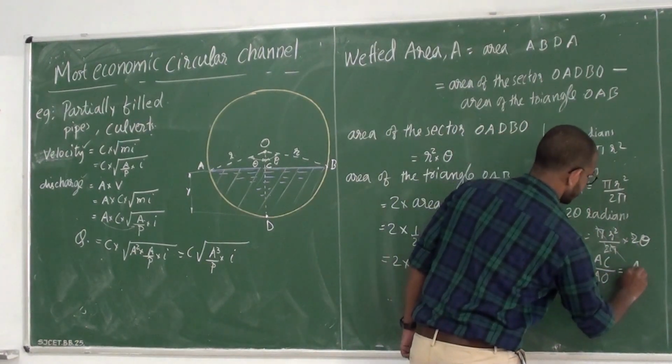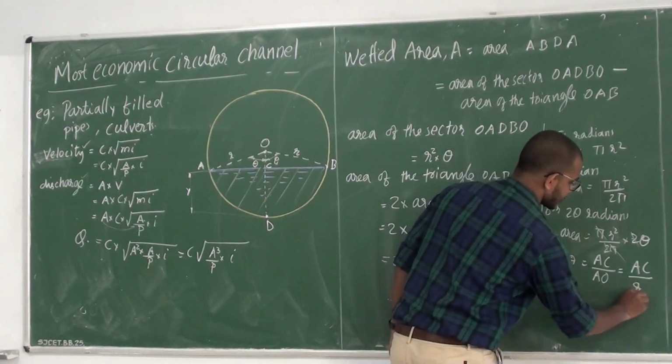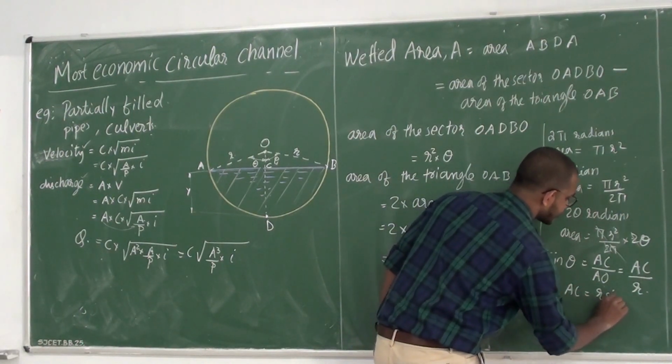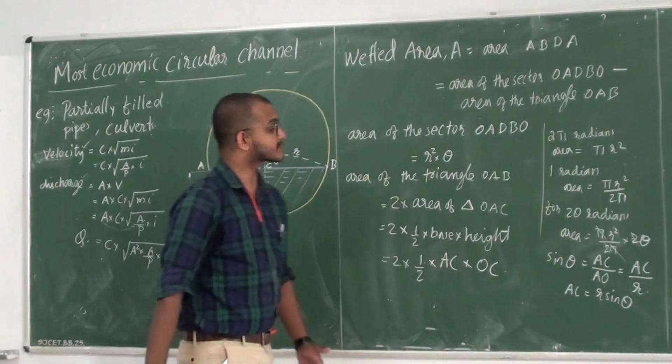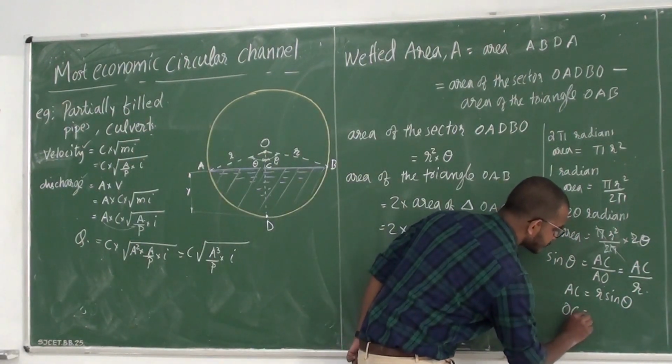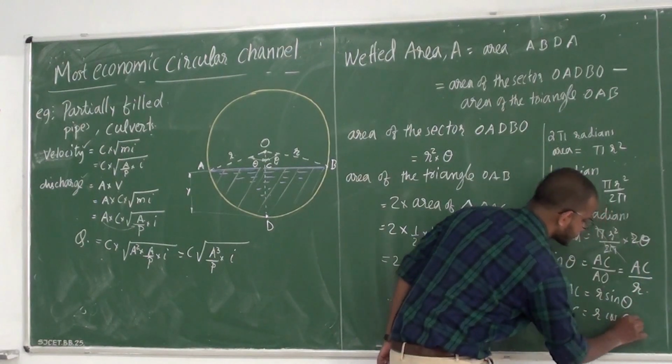That means AC by AO is the radius R, that means AC is equal to R sin theta. Similarly OC is equal to R cos theta.